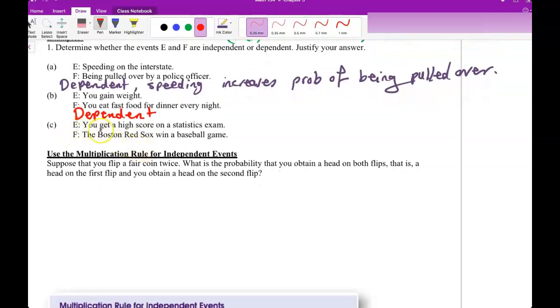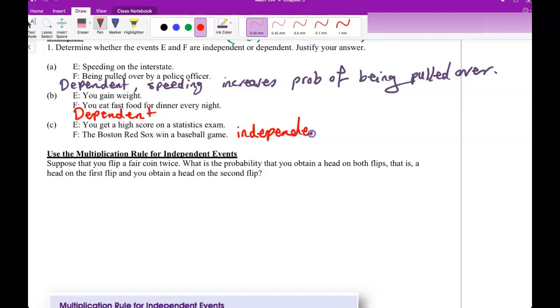And C, you gain a high score on a stat exam. Next one, Boston Red Sox win a baseball game. So these two, obviously there is no relation between them. It doesn't matter if they win, how that will affect your score on the stat exam. So this is independent.